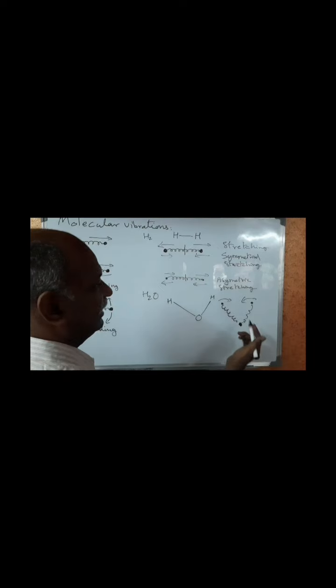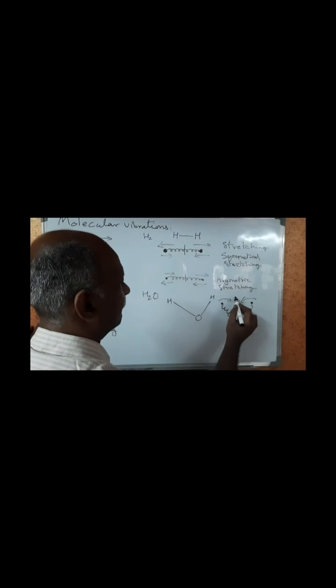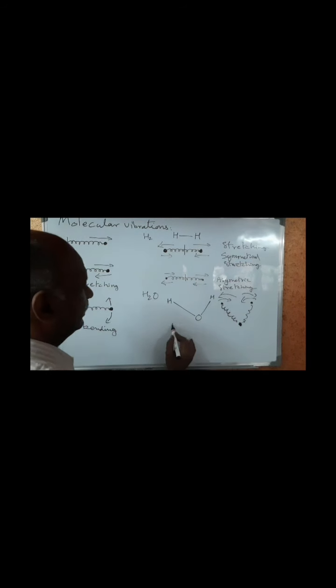Both can bend inside, both can bend outside. So the molecules, through their bonds, can show bending vibrations. The bending vibration is of different types, and I will discuss all those things in the following discussion.